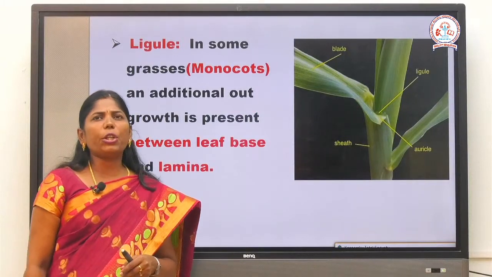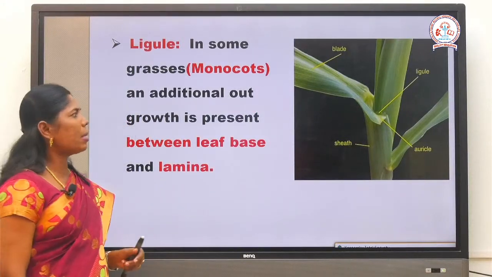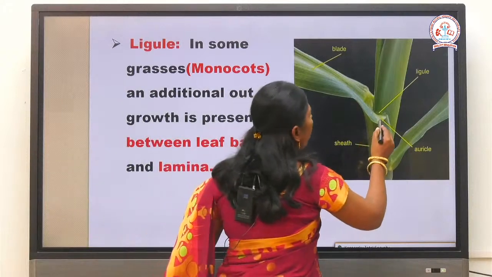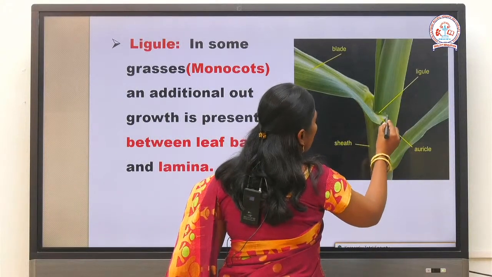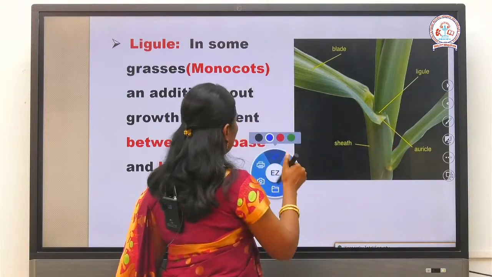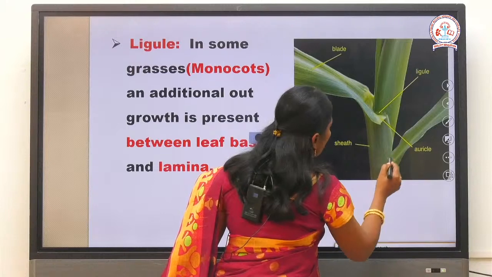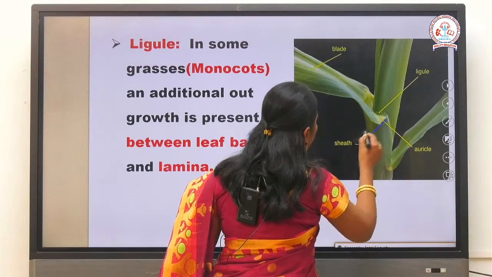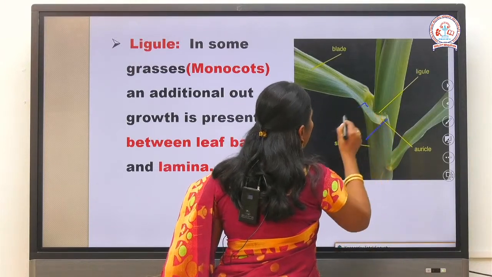Next, what is the ligule? The ligule is present between the node and the lamina. This is the petiole region. This is your lamina part.